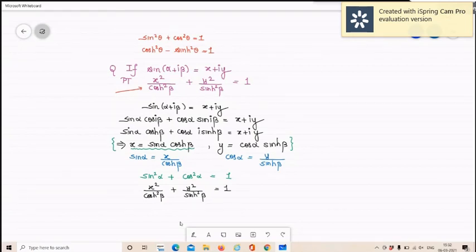What is not there? Alpha. Means I am supposed to eliminate alpha. Now alpha is with what? Trigonometric function. Now how to eliminate a trigonometric function? By squaring and adding, they get eliminated. So that is how I get the required result. Is that clear?